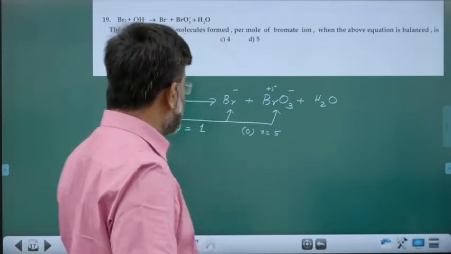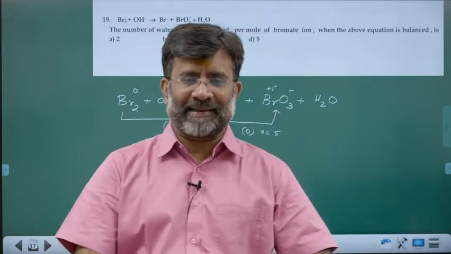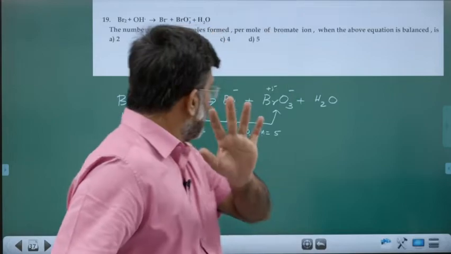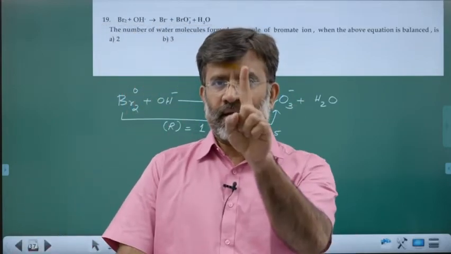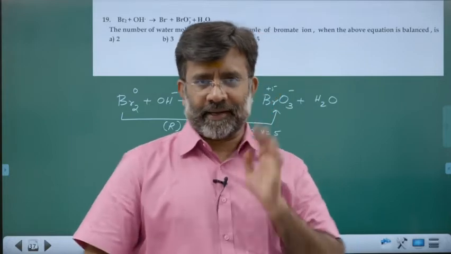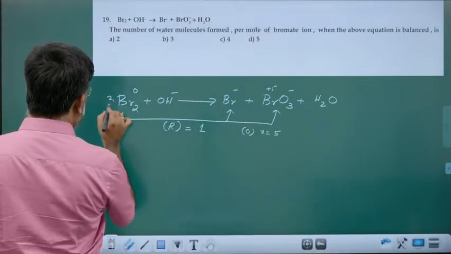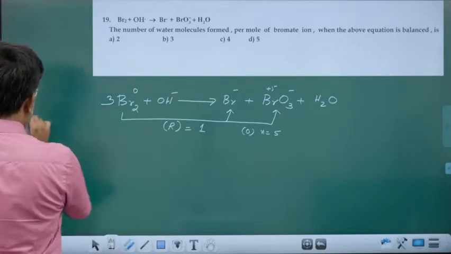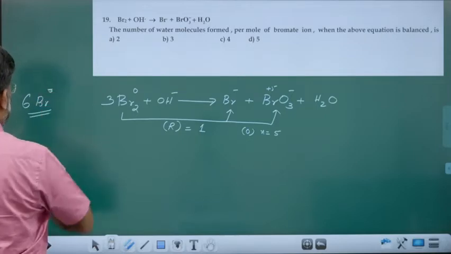So how to balance it? Again, use the idea which I told a few minutes back. 5 electrons lost in oxidation, 1 electron gained in reduction. So what do you do? You give 3 here, 3 Br2. That means 6 bromine atoms.